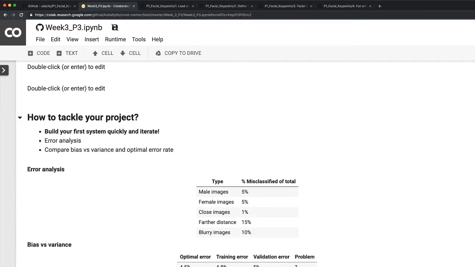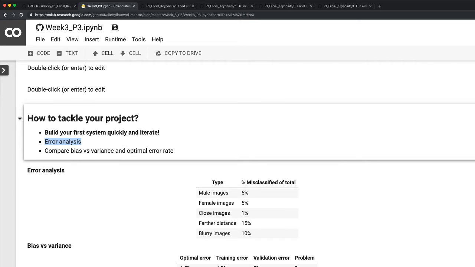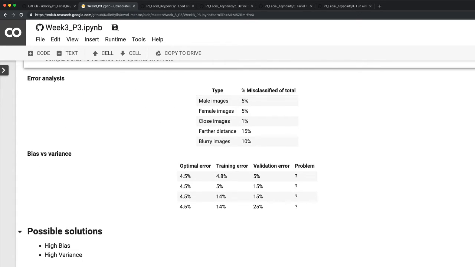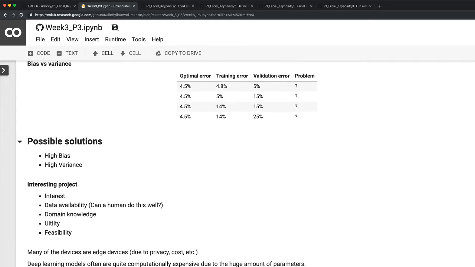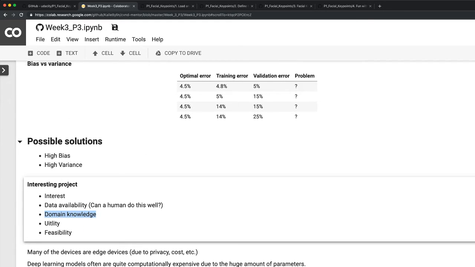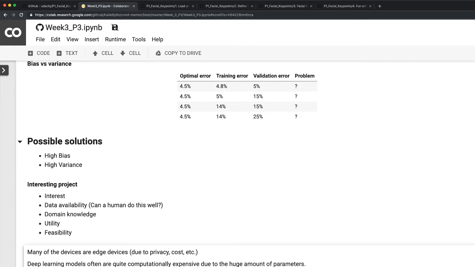If you can leverage domain knowledge for error analysis and to design your model from the start, you'll usually get much better results than if you don't. The utility is obviously what you can get out of solving this kind of problem. The feasibility: can you get the data? Do you have the resources to train and everything?